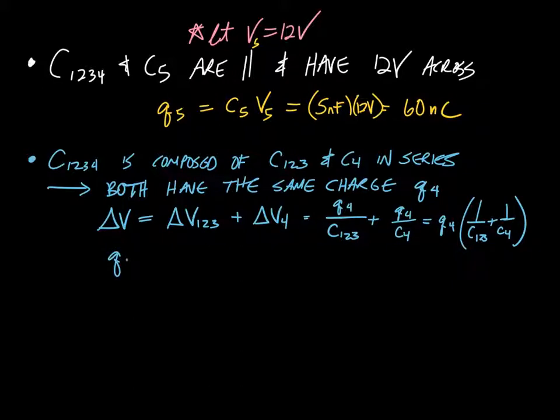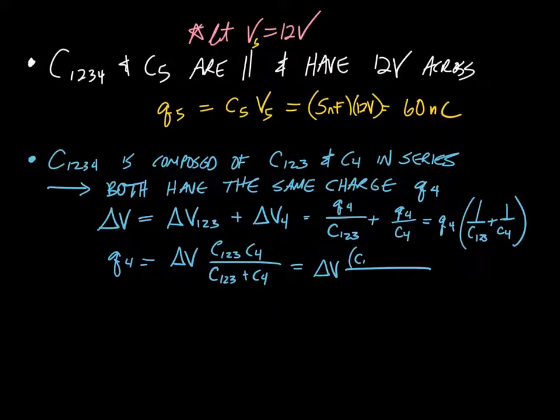So Q4 would be our voltage, which is going to end up being 12, but we'll get to that in a minute. Would be this product of something that we computed, or symbolized earlier. And that means our delta V times the sum of all of those things that we saw before.